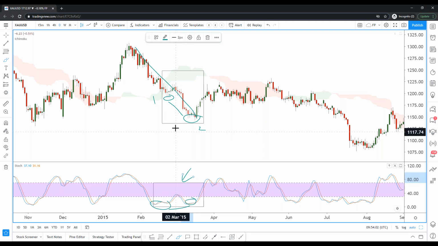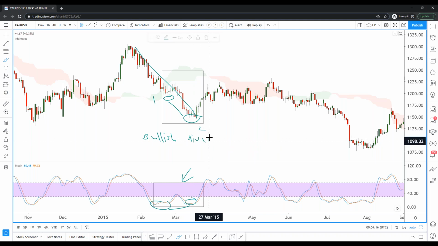This is an example of a bullish divergence. Do you guys have any questions so far?